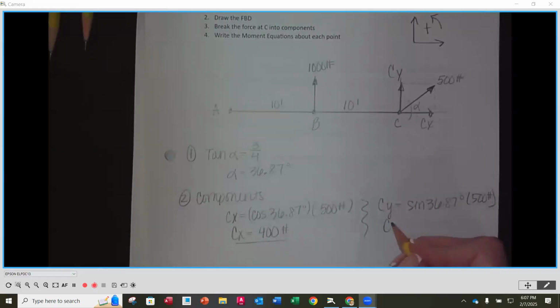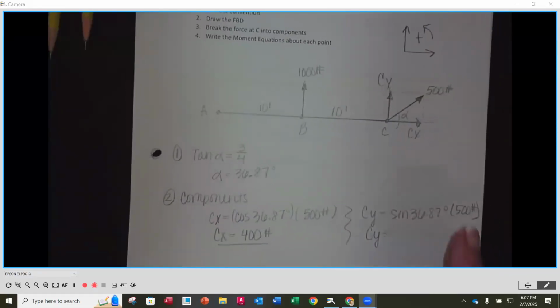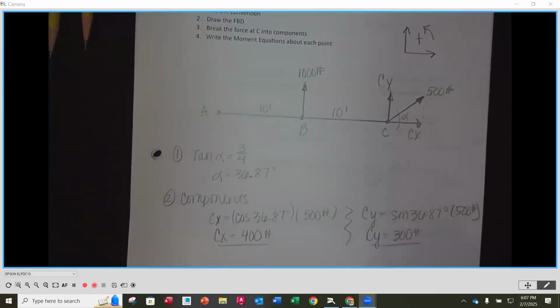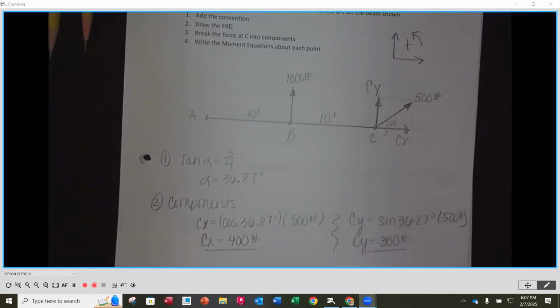Make sure you have your units in all phases of the problem. So I should be seeing pounds with the 500 here. Did you get 300 and 400?